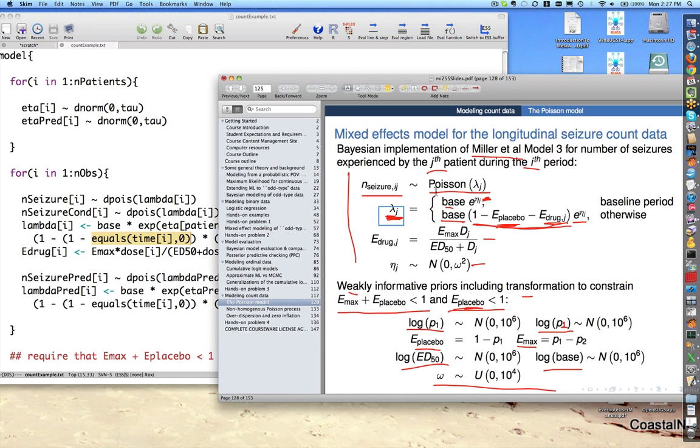So that's playing the role of the bracket here that breaks out between baseline period and post-baseline.